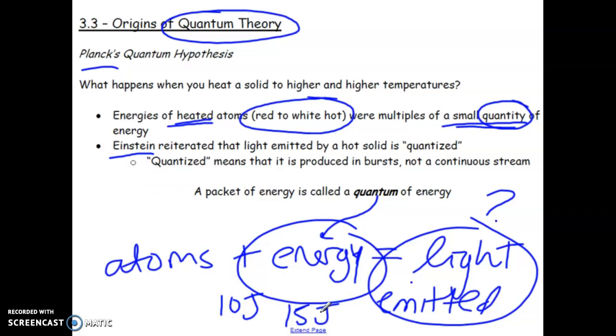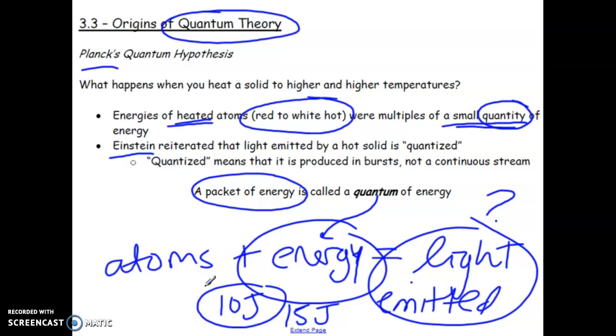Every element can absorb a different amount of energy, but that amount is a specific amount, known as a quantum. So this 10 joules was a quantum of energy that an atom of gold would gain, right?